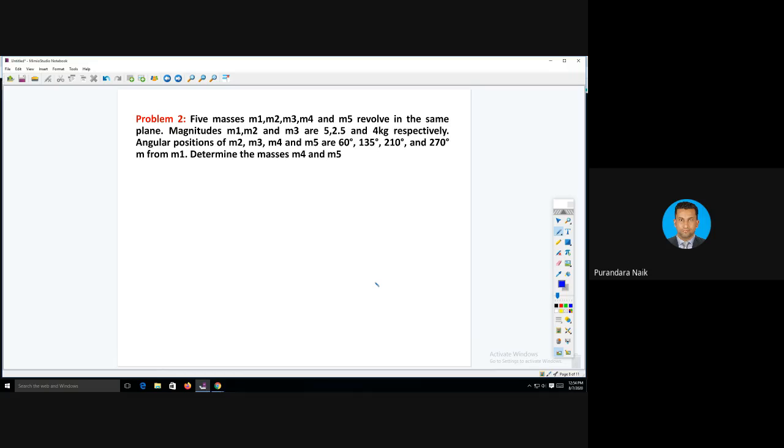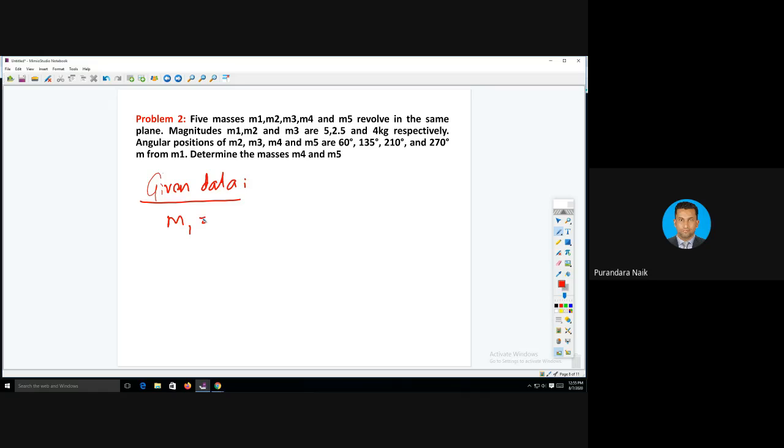So the given data is like this. First one, M1 is given.